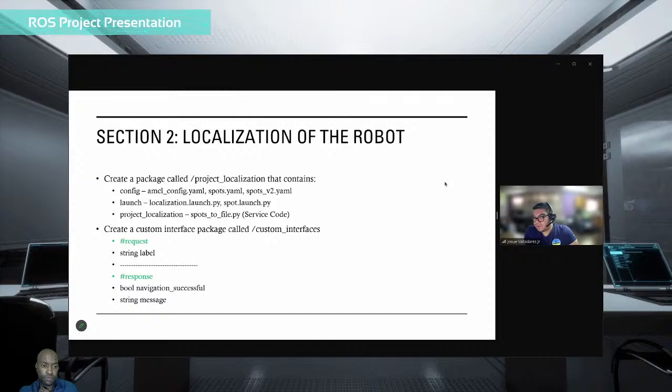For section two, this is the localization of the robot. This is how the robot actually knows where it is with respect to the map that you made in the environment. So right here, you just have, once again, a configuration folder with your AMCL configuration, your spots, and they ask us to write to a text file.